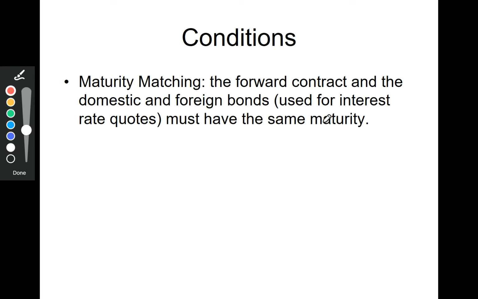But because you have borrowed for a month, you pay 1/12 of this 4% interest. And if you borrow for a year, the interest rate would not be exactly 4%. The yearly interest rates are different from monthly interest rates. The yearly interest rate might be 4.5%. So after a year, you give 4.5% back. So maturities matter because they affect the interest rates. Interest rates are different for different maturities. Therefore, we should have apple and apple comparison, not apple and orange comparison, by picking the same maturity for all bonds.